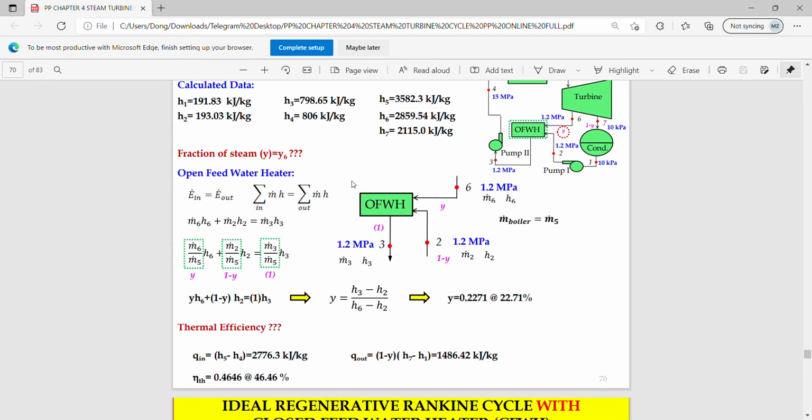In this diagram, the open feed water heater. This is the pressure at steam Y, at y6, at y2, at y1 and y1.